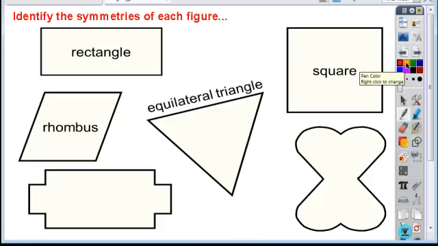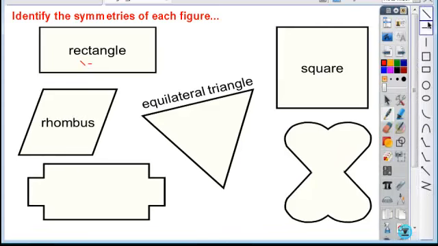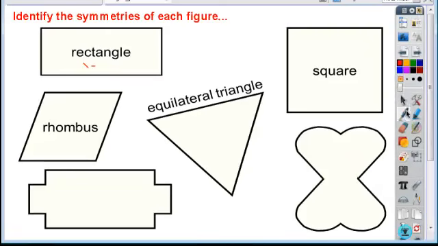All right, when you're looking at this, a rectangle. So is the rectangle going to have any rotational symmetry? It's going to have twofold. So in looking at that, we have twofold rotational symmetry, and then the reflective lines of symmetry, just a horizontal and vertical.